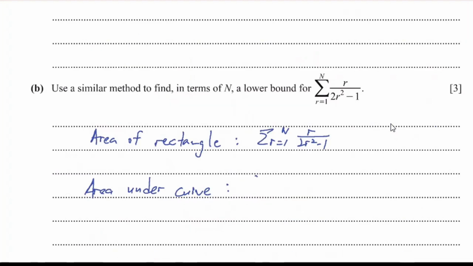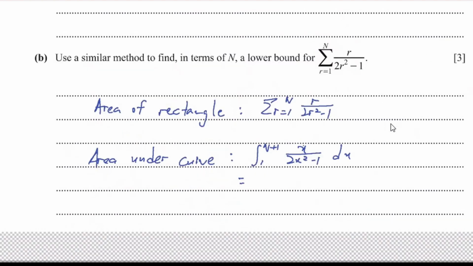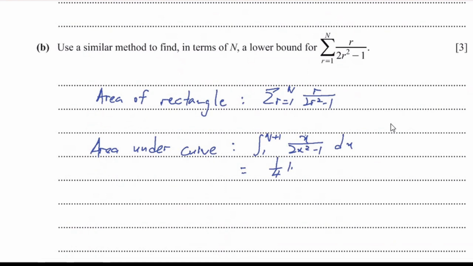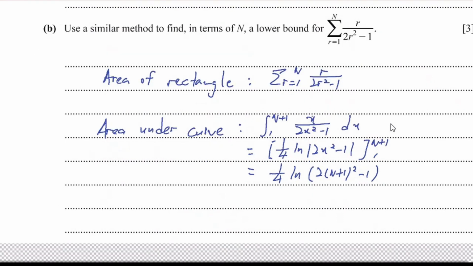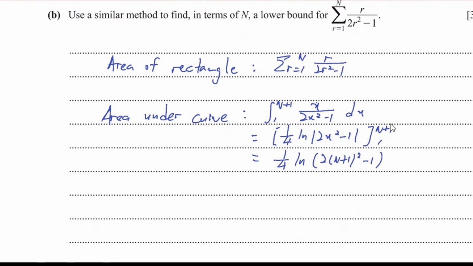So we integrate from 1 to n+1. Again, this is 1/4 ln of 2x squared minus 1, so this is 1/4 ln of 2(n+1) squared minus 1. So this is a lower bound.